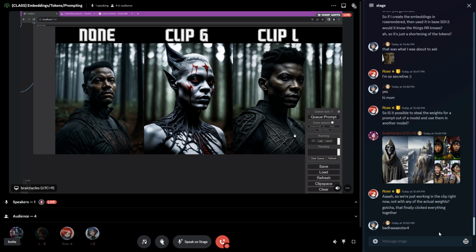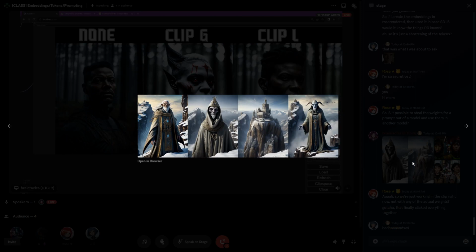I shared 3 pics in the chat. The first one is a guy, the second guy is like a Pope's note. This was a mythical textual inversion. And the interesting part is the clip L, the third picture, actually just got rid of the guy, because my embedding is so long and my prompt was so long.